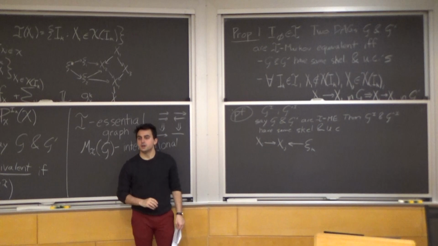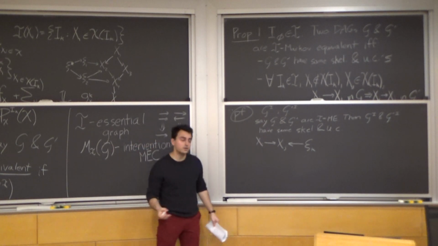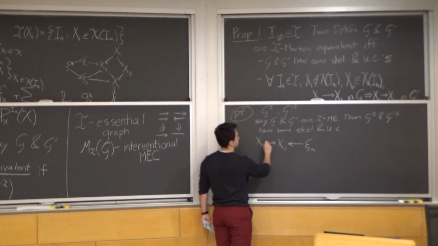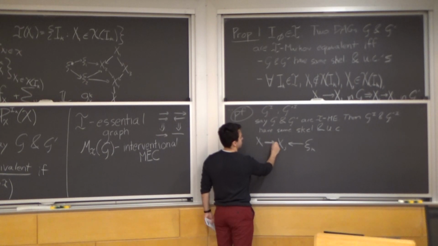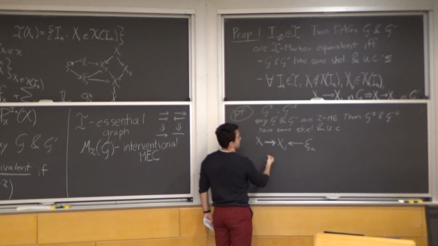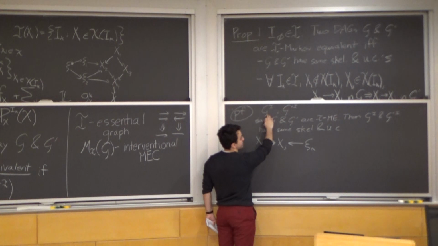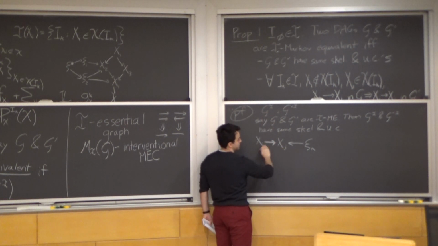This forms an unshielded collider. So in particular, any graph which is Markov equivalent to G_I also has to have this edge Xi into Xj.